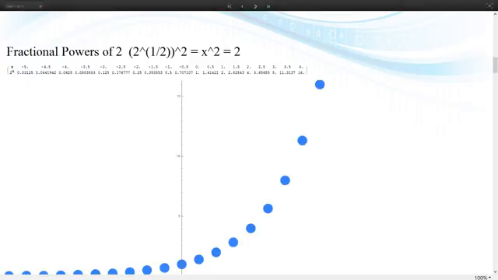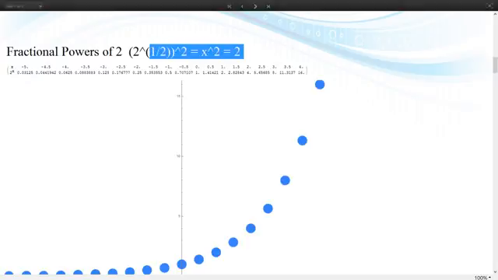2 to the 1/3 would therefore be the third root of 2. And we find this nice relationship between powers and roots. That is, if you're raising some number to a power, that is the same as taking the root of your base given by the reciprocal of that power. So 2 to the a over b is the same as the bth root of 2 to the a.